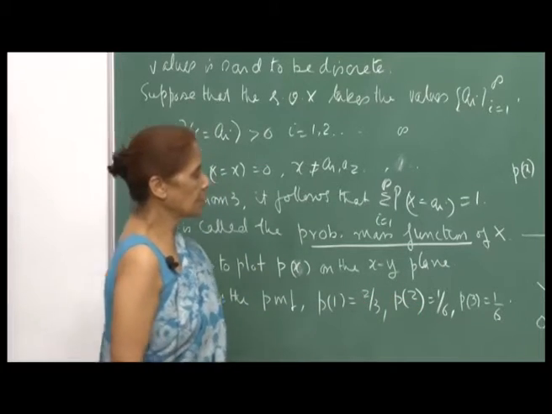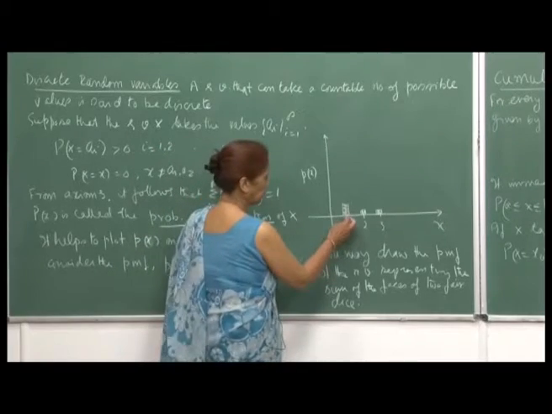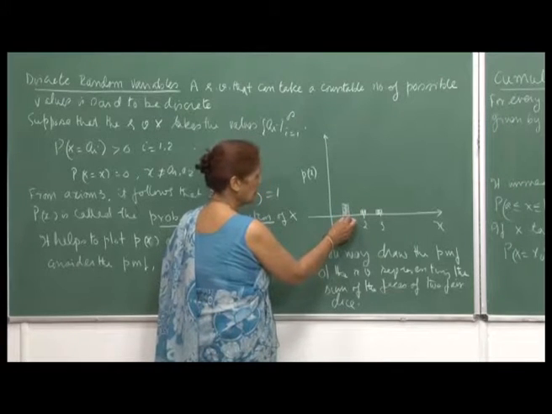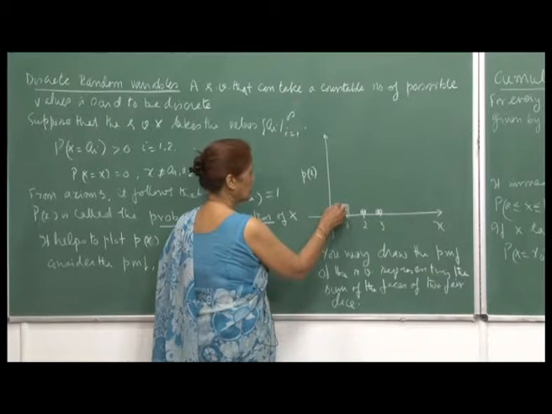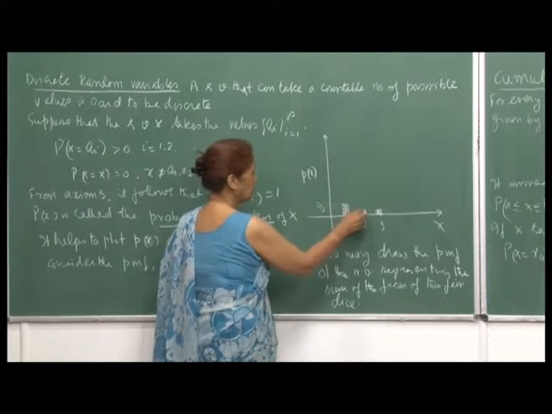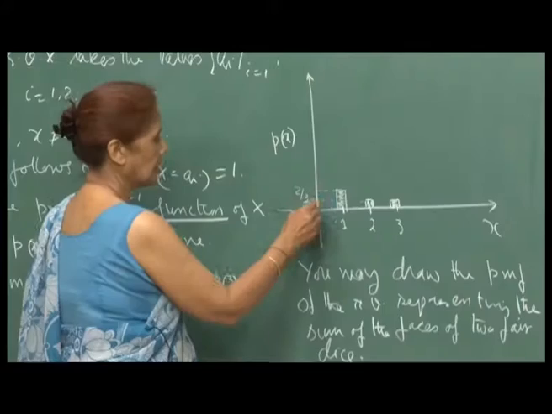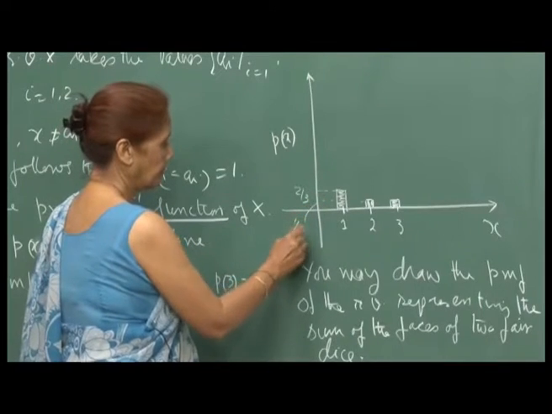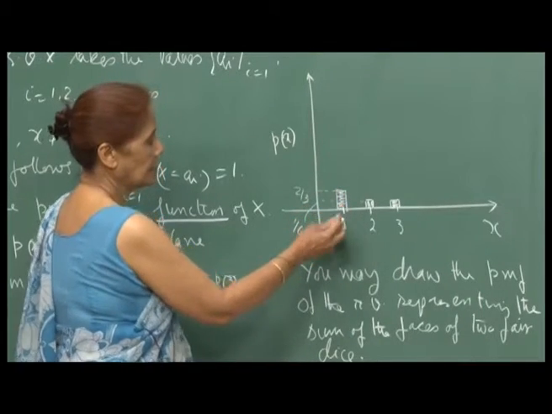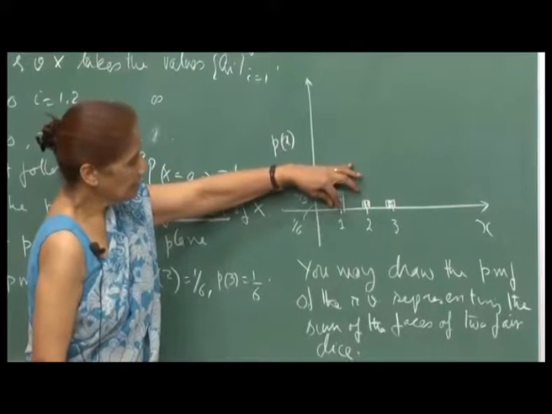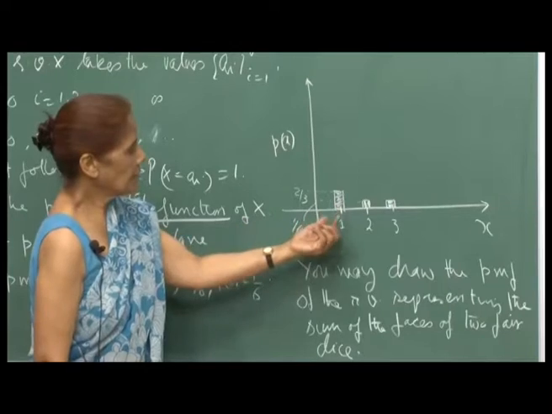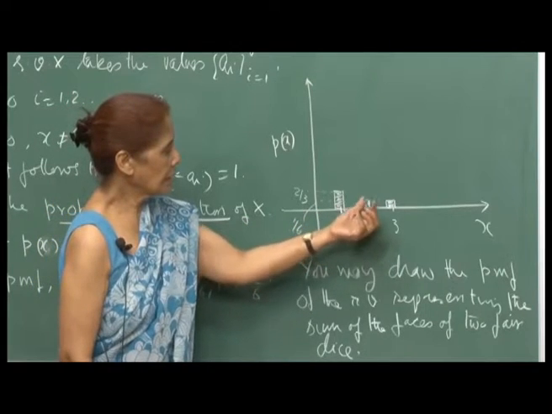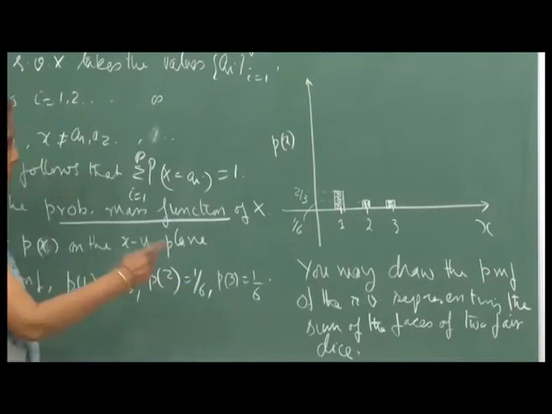You can draw a bar chart by erecting rectangles. The bar is centered at the value 1 and its height is 2 by 3. Similarly, the height of the bar at 2 is 1 by 6, and the same at 3.